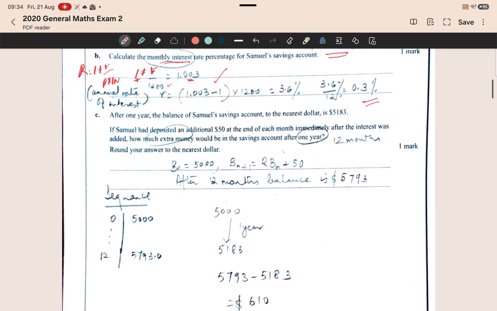After 1 year, the balance of Samuel's savings account to the nearest dollar is 5,183. If Samuel had deposited an additional 50 at the end of each month immediately after the interest was added, how much extra money would be in the savings after 1 year? So extra money implies a difference between two amounts.